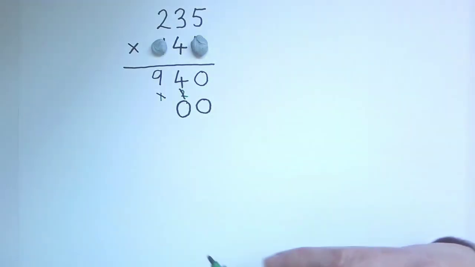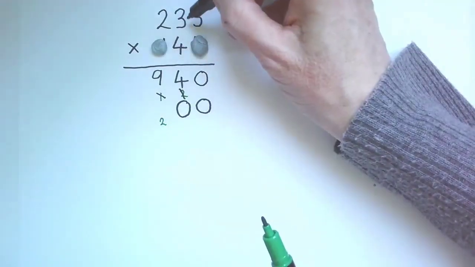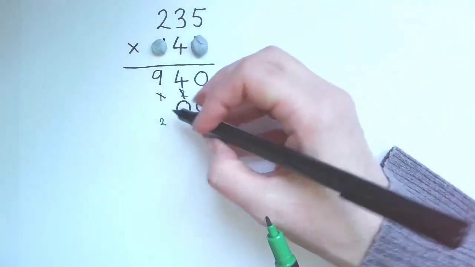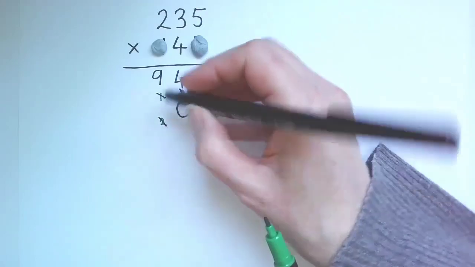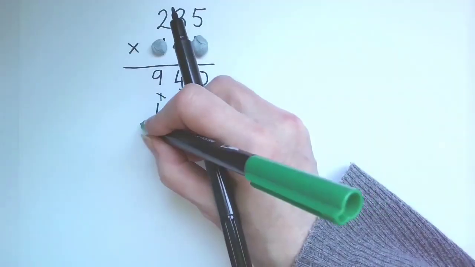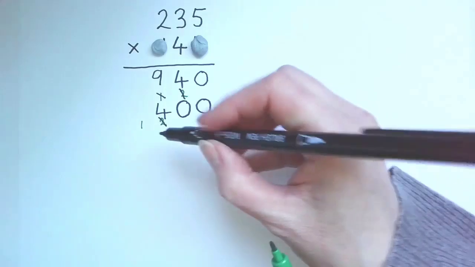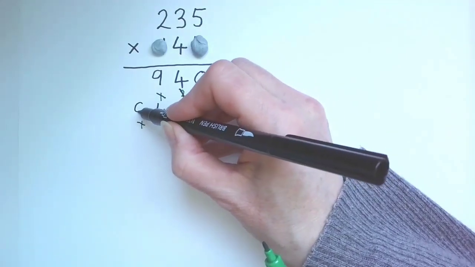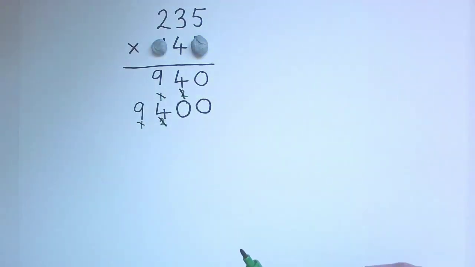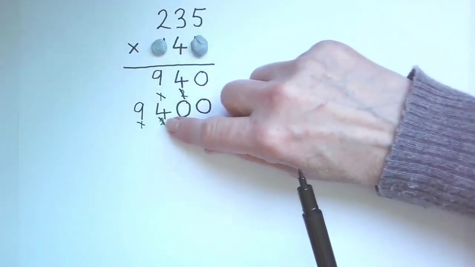So there's my 0. 2. 4 multiplied by 3 is 12. Plus 2 more is 14. And then 2 multiplied by 4 is 8. Plus 1 is 9.